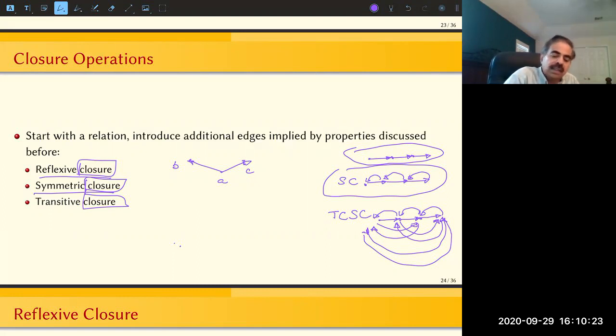On this graph, if you apply transitive closure, you get nothing, right? Because you can go from A to B, but you cannot go anywhere from B. Same way you can go from A to C, but you cannot go anywhere from C. So there is no way to apply transitive closure, so you will just get the same graph.